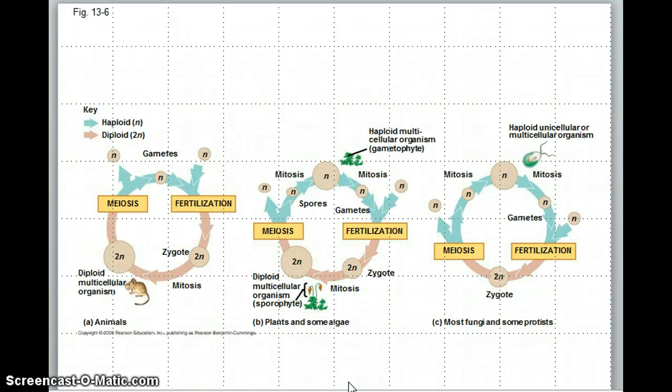Okay, this is comparing the meiosis versus fertilization time span for animals, plants, and some algae, and then most fungi and some protists.